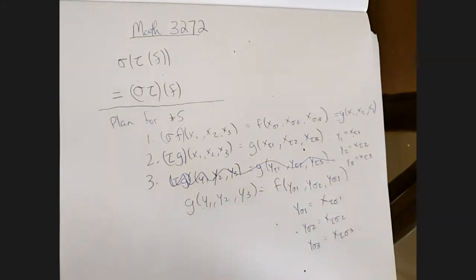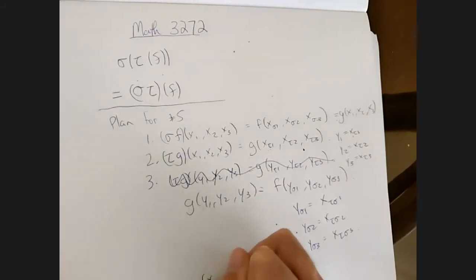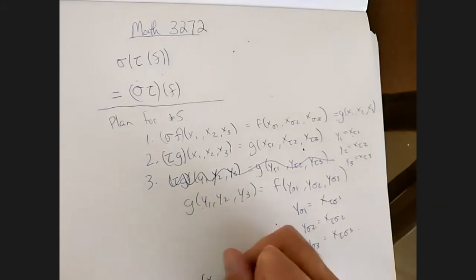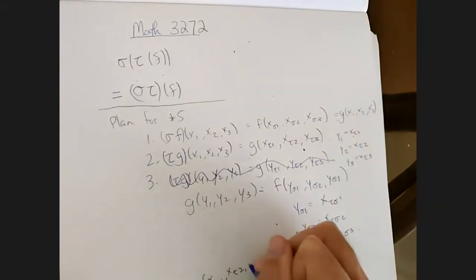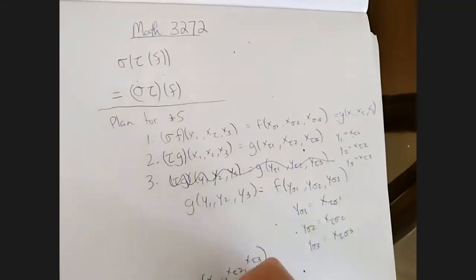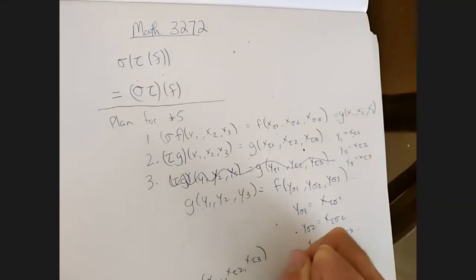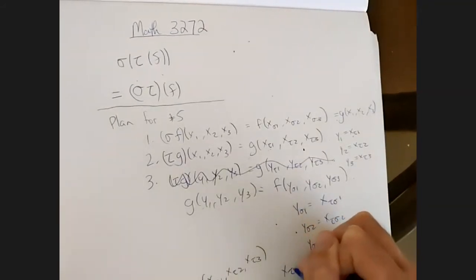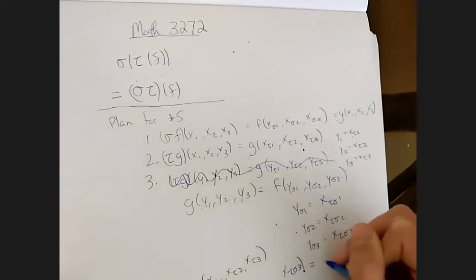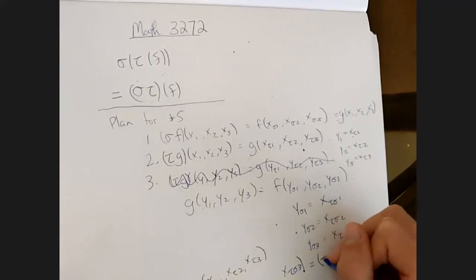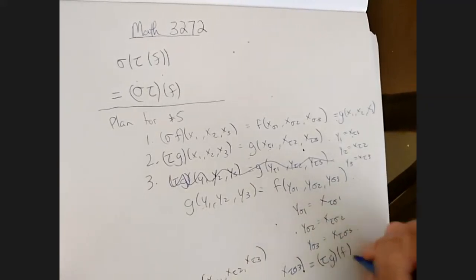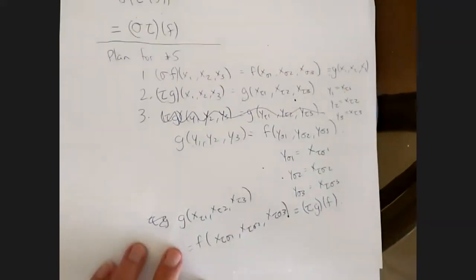So that means g of x tau 1, x tau 2, x tau 3 is just f of x tau sigma 1, x tau sigma 2, x tau sigma 3, and that is just the definition of tau sigma of f.